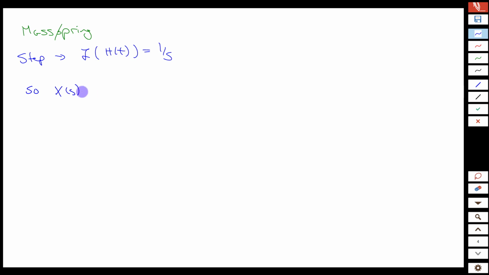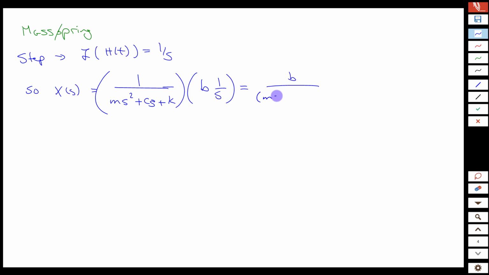So our X(s) is equal to 1 over all these mass, damping and spring coefficients, the transfer function, times B times U(s), so 1 over s, and that gives us, again, B over (ms squared plus cs plus k) times s. We would again be able to apply partial fractions.